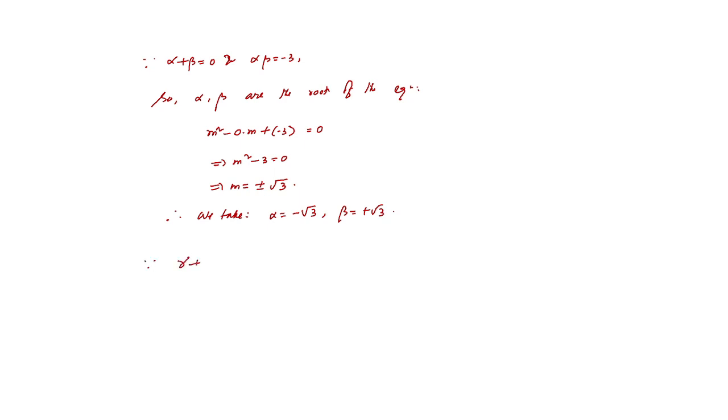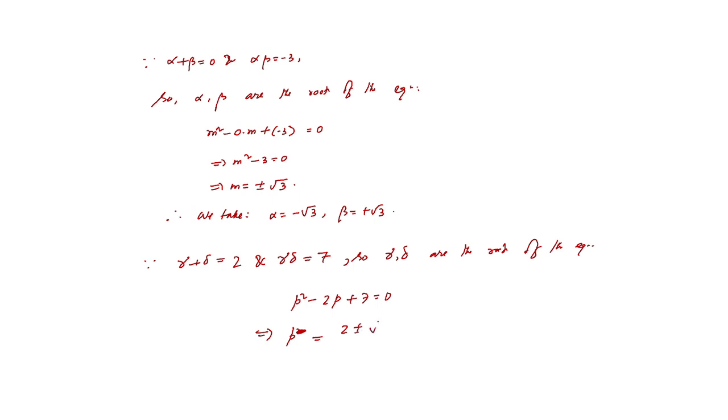Again, since gamma plus delta equals 2, and gamma delta we have taken as 7, gamma and delta are the roots of the equation p square minus 2p plus 7 equals 0. So what is the value of p?